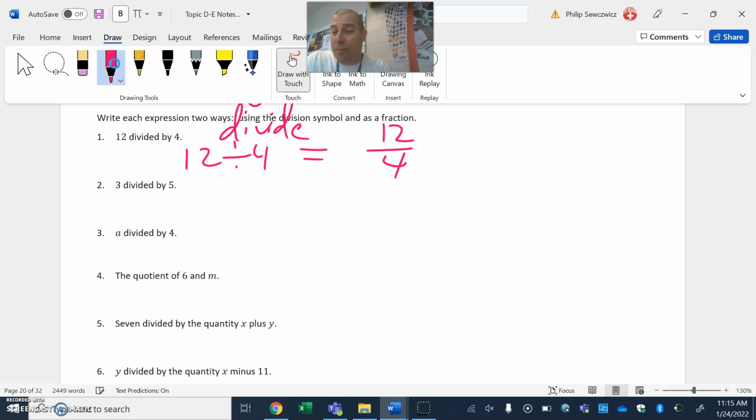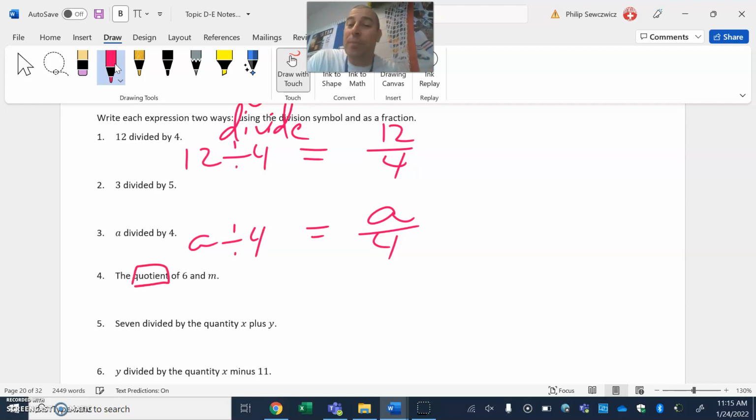All right. Let's go down to letter number 3, a divided by 4. So yes, a divided by 4, but what we really want is a divided by 4 as a fraction. All right. The quotient of 6 and m. Remember, quotient is another way of saying the answer to a division problem. So it is 6 divided by m, but like we said, we want the fraction bar.